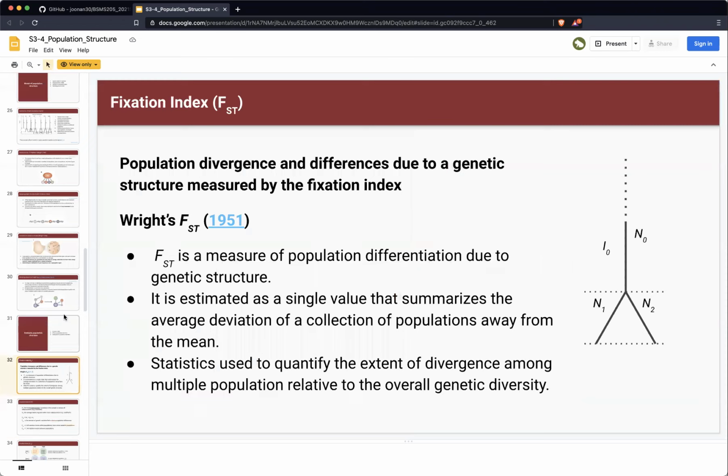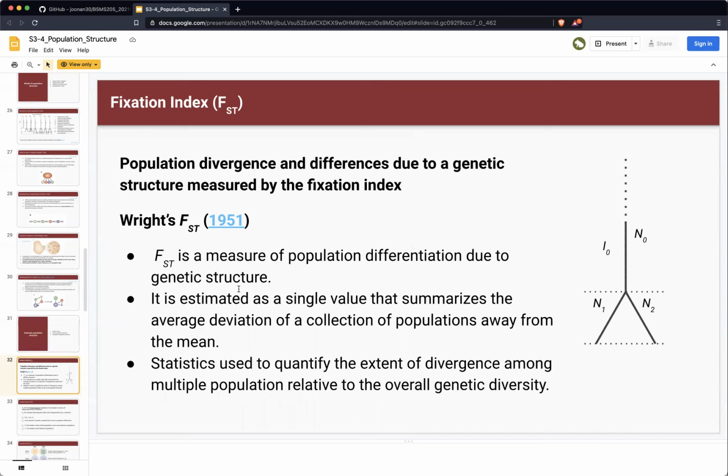Okay, so what is the fixation index? The fixation index, or FST, explains how populations diverge and how populations differ by genetic structure. This is one way we measure that phenomenon mathematically. It was originally proposed in 1951 by Wright again.